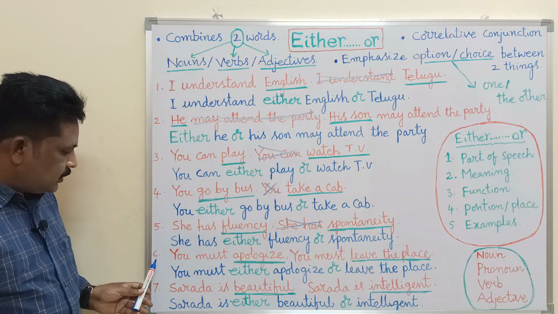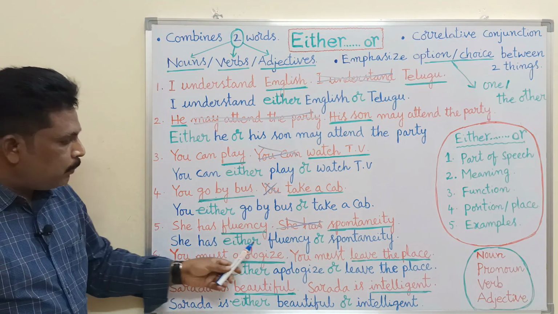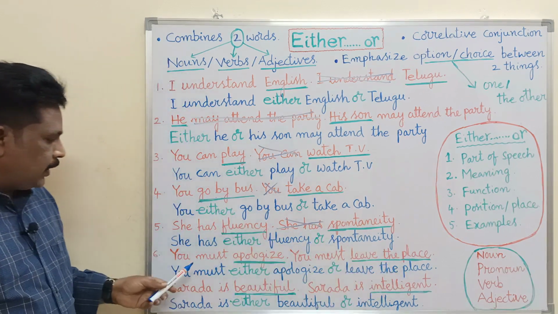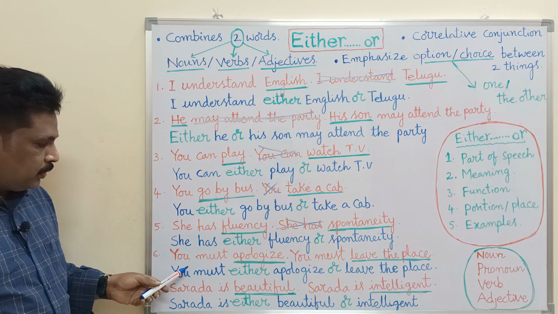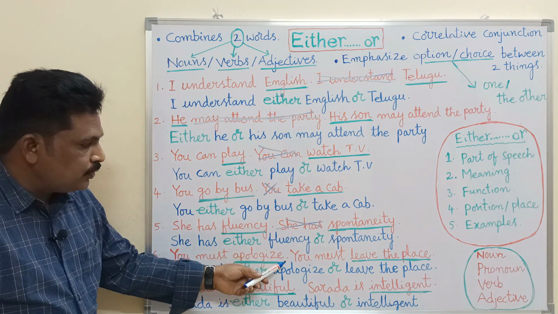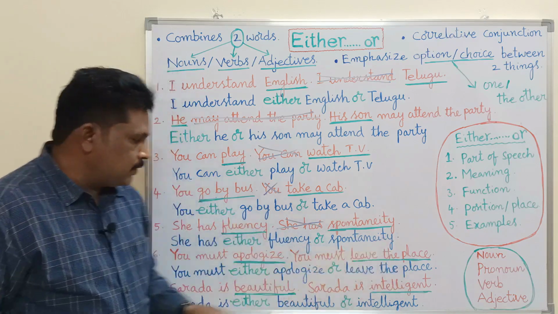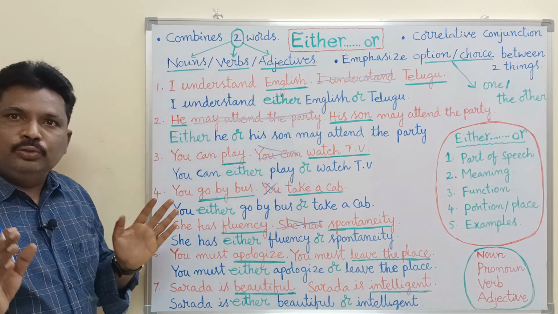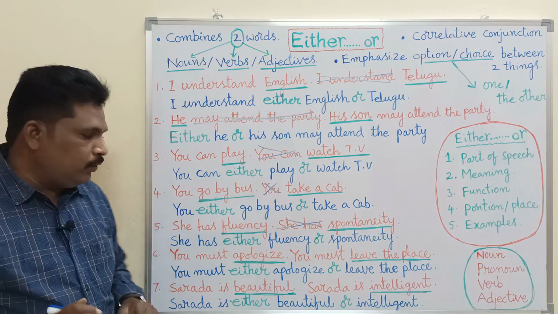Then look at the sixth sentence. You must apologize, full stop. You must leave the place. This is a sentence from your textbook, Abdul Kalam's lesson, My Childhood. In this expression, "you must" is similar, so we need only one.